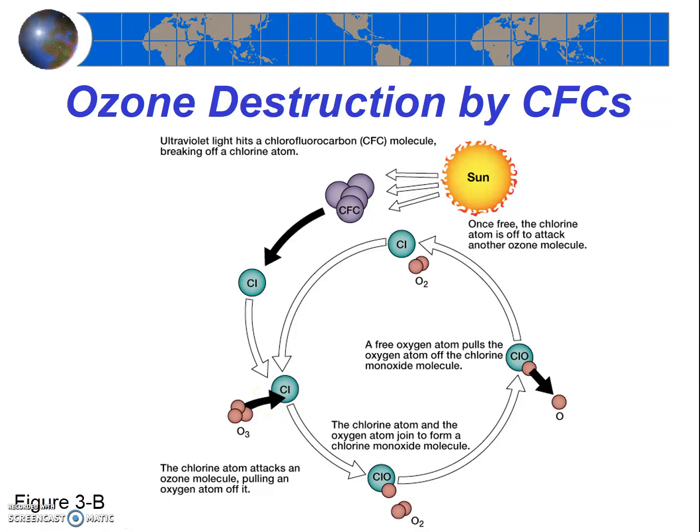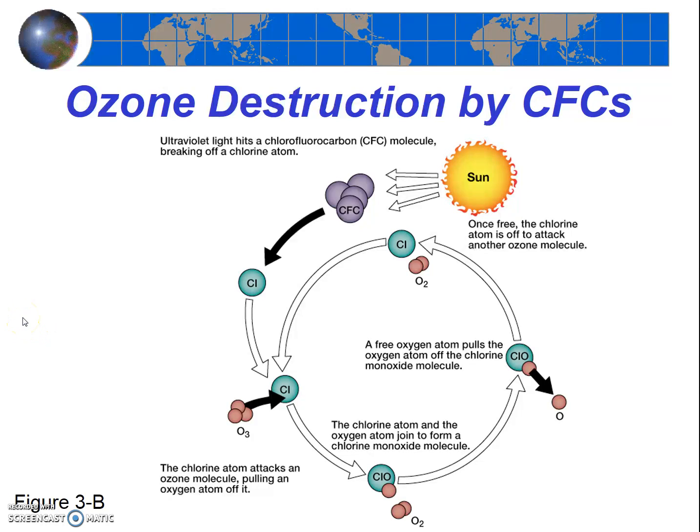In fact, one chlorine atom can likely destroy 100,000 ozone molecules before it eventually drifts up into the mesosphere. And that's just one atom of chlorine. A chemical substance would have thousands or millions of atoms of chlorine.